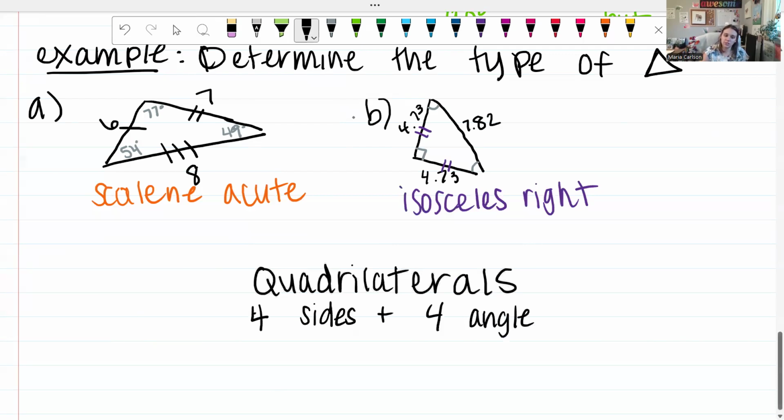So if you see a shape that has four sides and four angles, those are quadrilaterals.